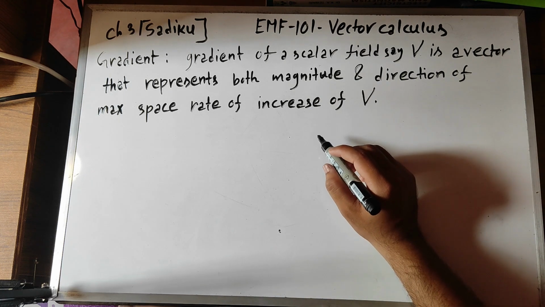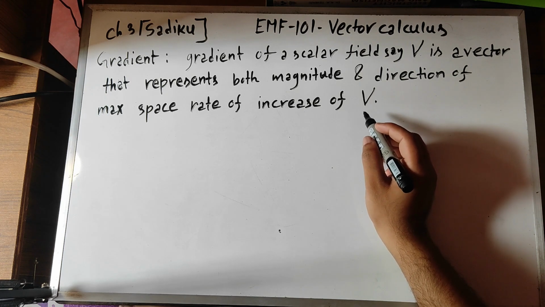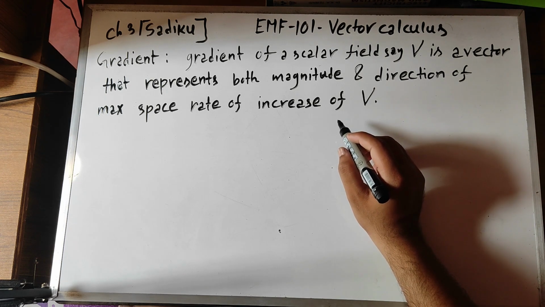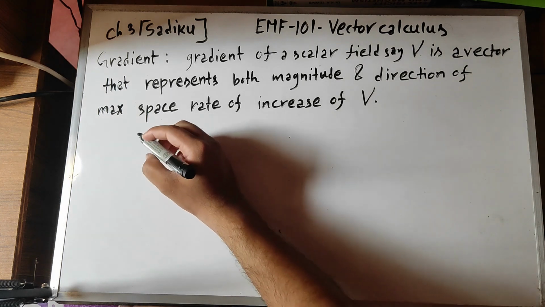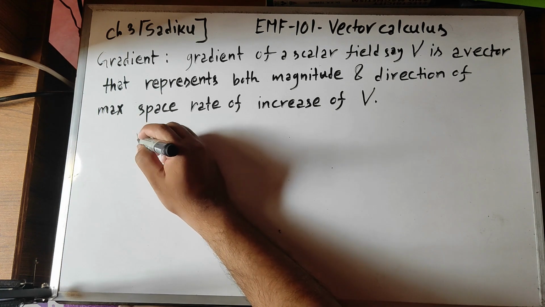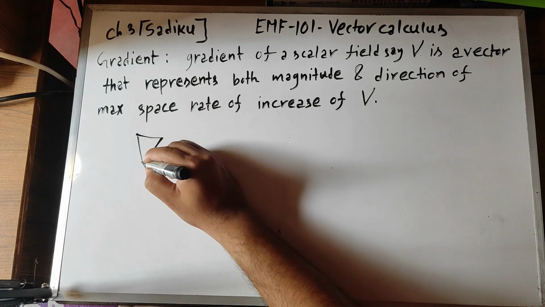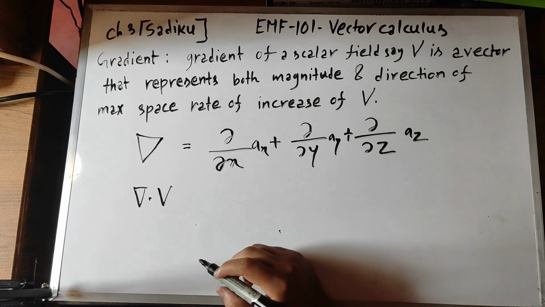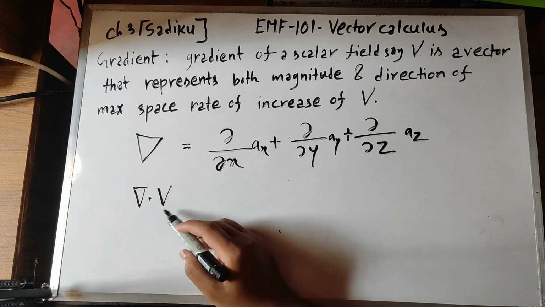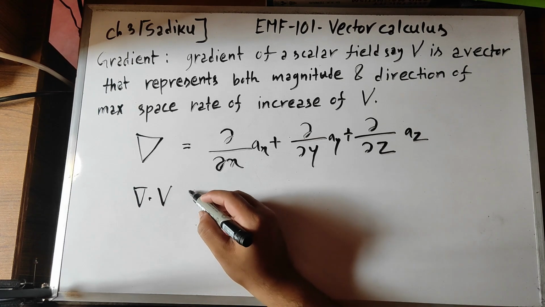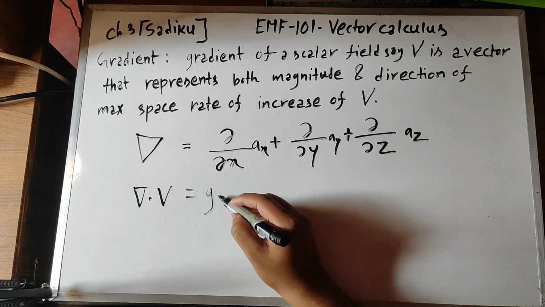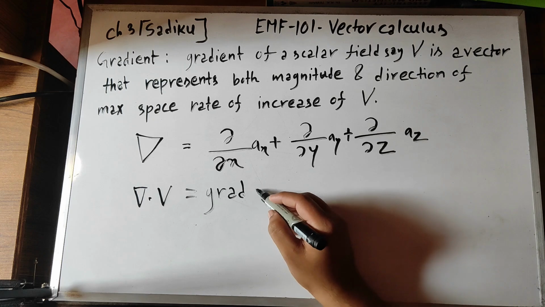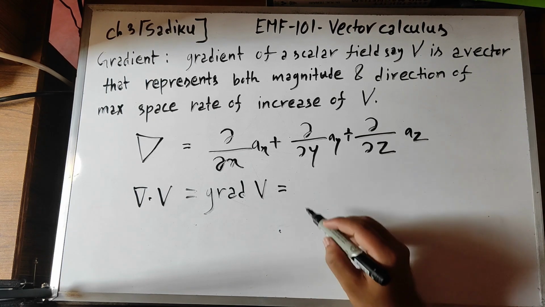To calculate the gradient of a scalar, we are gonna use a vector operator called the del operator. If we apply this del operator on the scalar field V, we will get a vector which is known as grad or gradient of the scalar V.